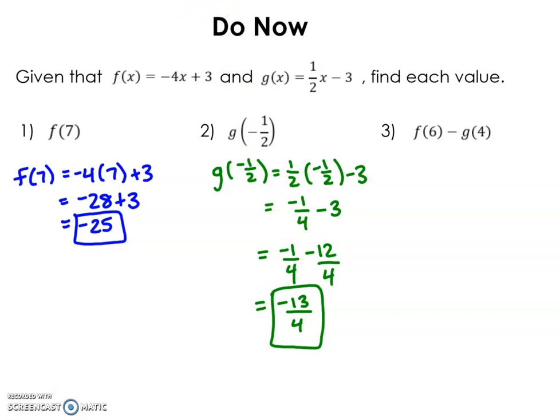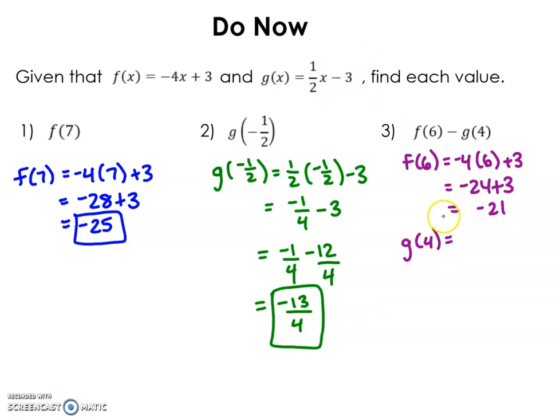And then for this last problem, f of 6 minus g of 4. So we're going to have to first find f of 6. So we're using the f function, and we'll plug in 6 for x. So this is going to give me -24 plus 3, which is going to give me -21. I then have to find g of 4.